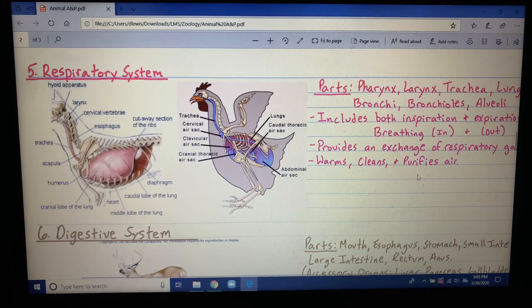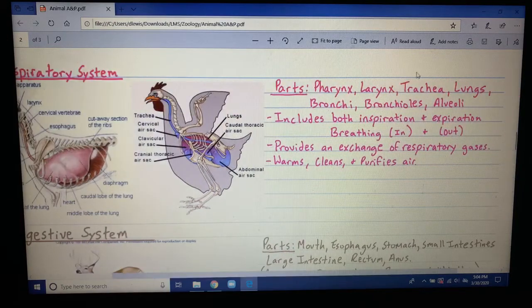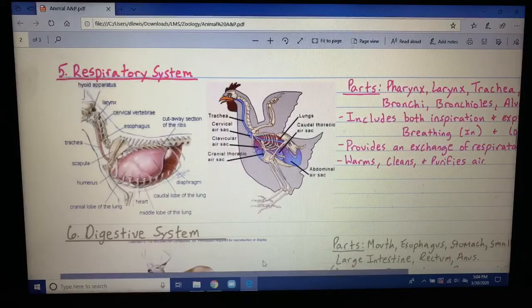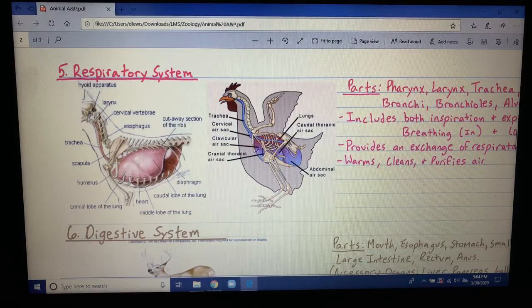The respiratory system includes both inspiration and expiration. Inspiration would be breathing in, expiration would be breathing out, which doing both of those provides an exchange of respiratory gases. And then as you breathe in, as air moves down your esophagus, your trachea, and then into your lungs, the air is going to be warmed and cleaned and purified.